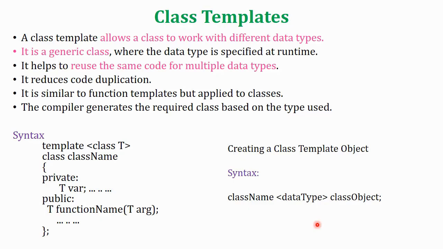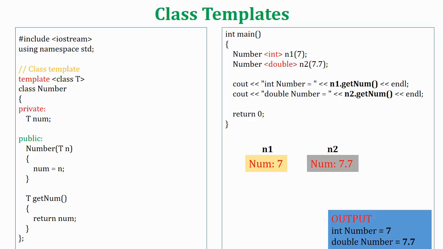The syntax: template within angle brackets, class T, then class name. So here variables are declared using the generic data type. Then functions are declared or defined using the generic data type. And then how to create the object: class name, data type, then object. We'll see one example.